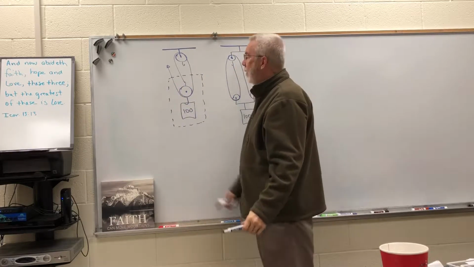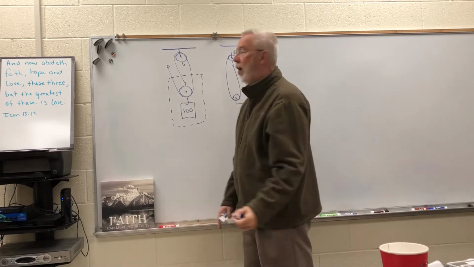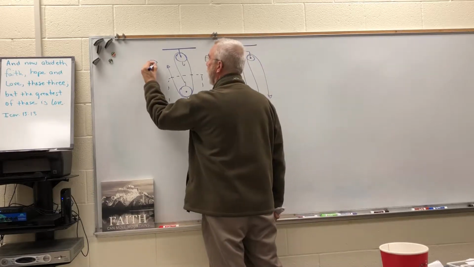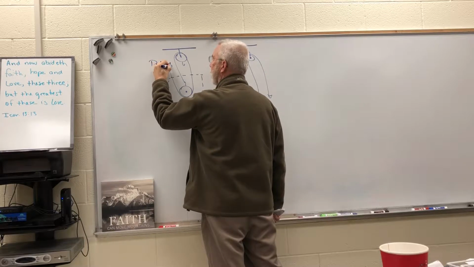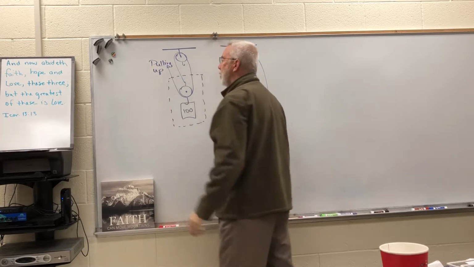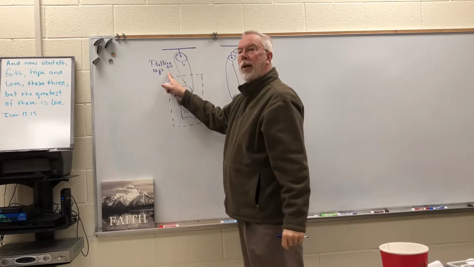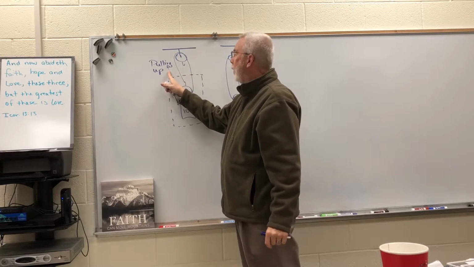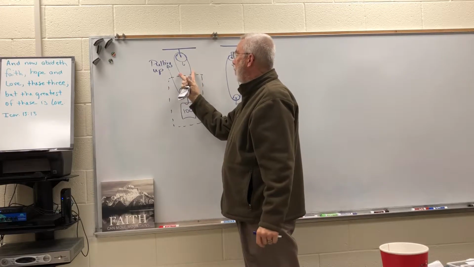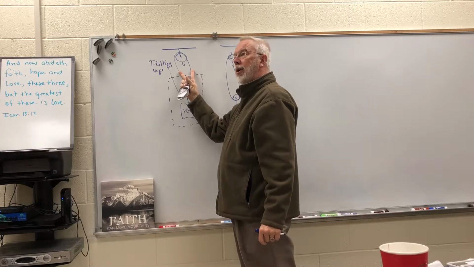The reason that it's being supported by 3 ropes is that I'm pulling up. And so therefore, I'm holding a portion of the weight with the rope. These 2 ropes are also holding a portion of the weight.